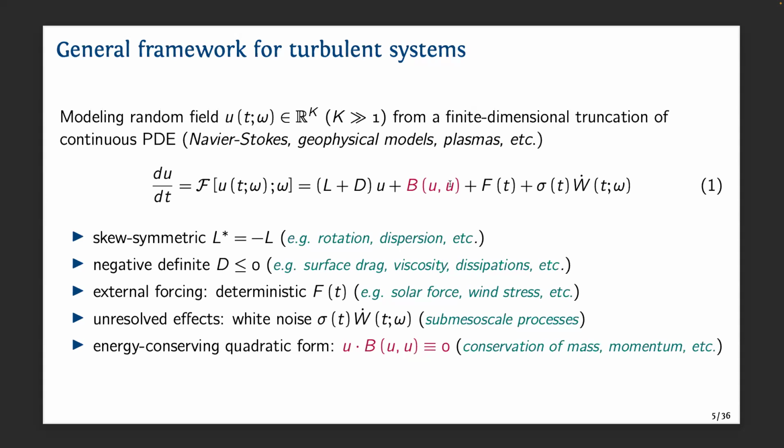So the difficulty of the problem is, there is randomness, either from the forcing or even for a deterministic system, there could be randomness in the initial condition. And this initial condition will be combined with this quadratic nonlinear term.